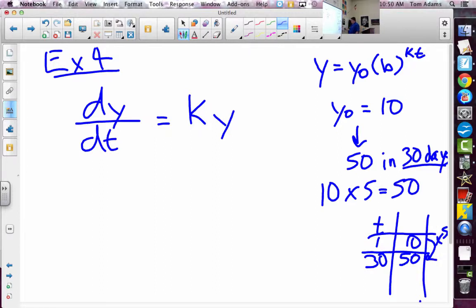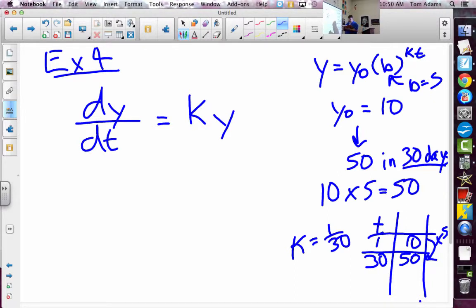Well, that's exponential growth, and so that means that my base b is probably going to be 5. Well, how long does that take? Once every 30 days. So we could write k as 1 over 30. And with all that information, I could probably proceed and solve for t.